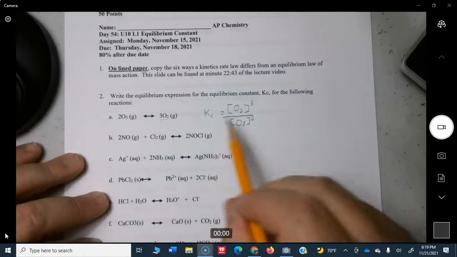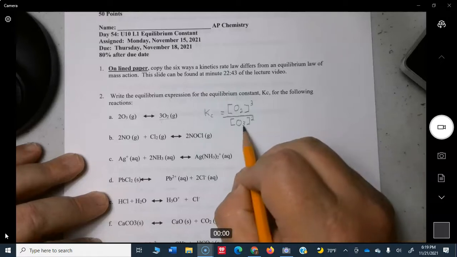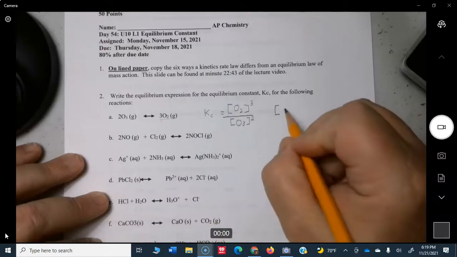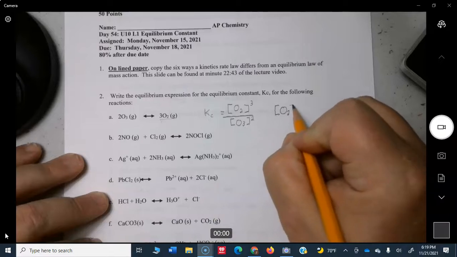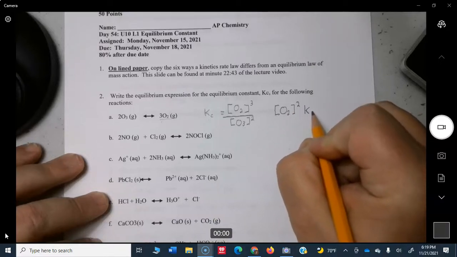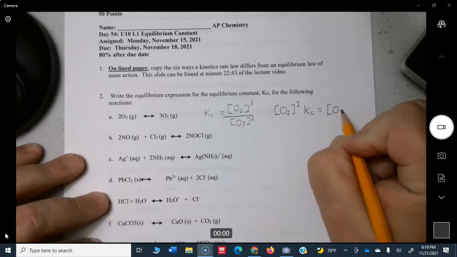Now, let's just do something for a second so you get a sense of what Kc means. If we rearrange, multiply both sides by O3 squared, and this could be done for any of the reactions we're about to do here, times Kc, that would equal O2.